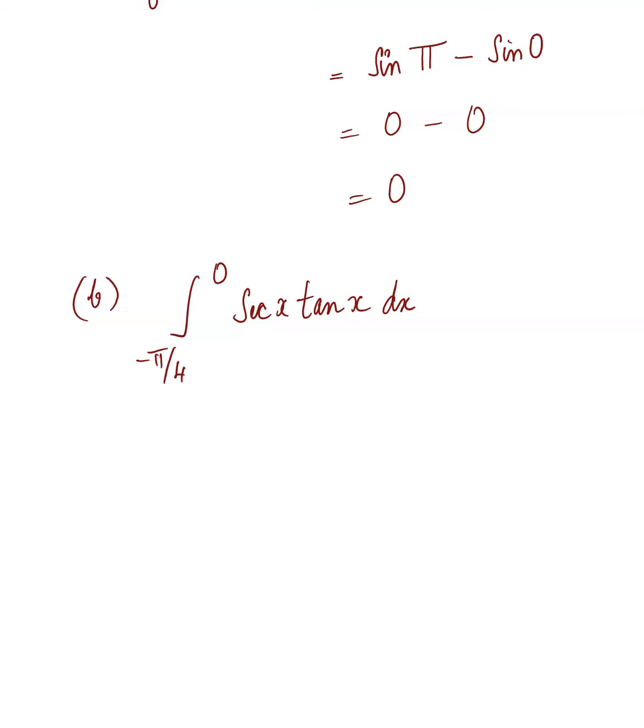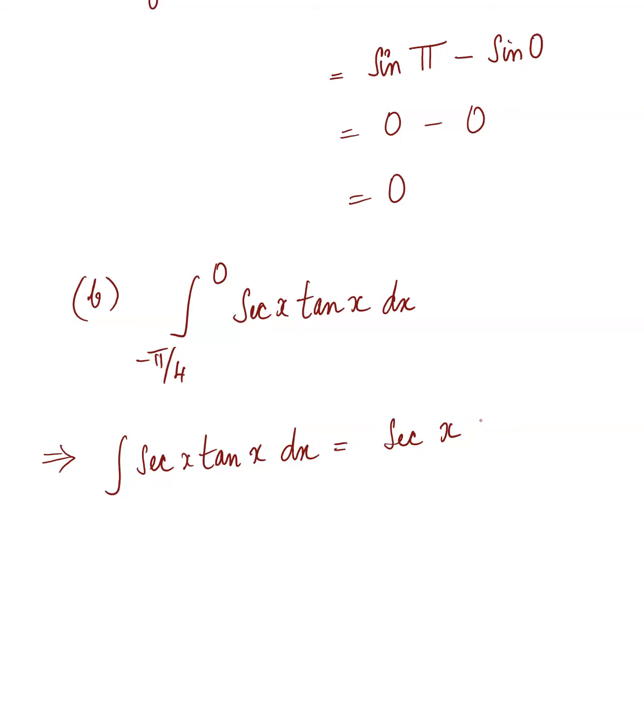And we know that the integral of secant x tan x is secant x itself. So you can see it two ways, okay? This implies the integral, just the integral, I'm not talking about the definite integral, is secant x.